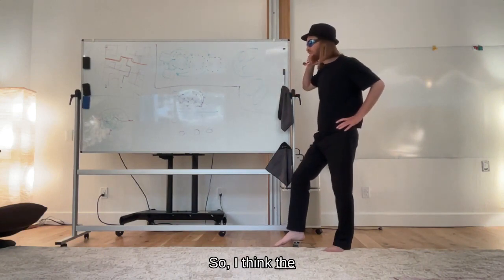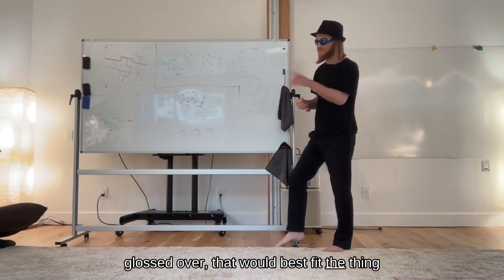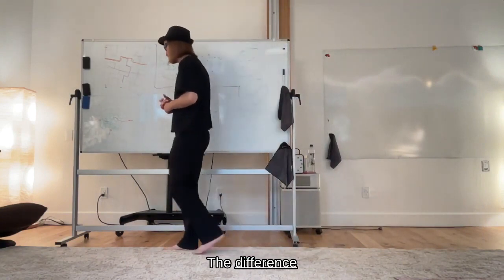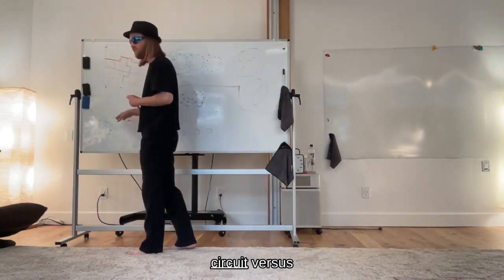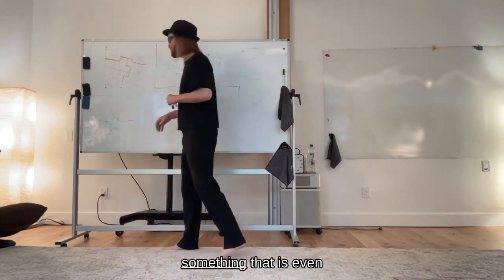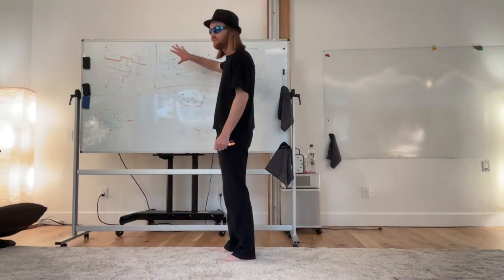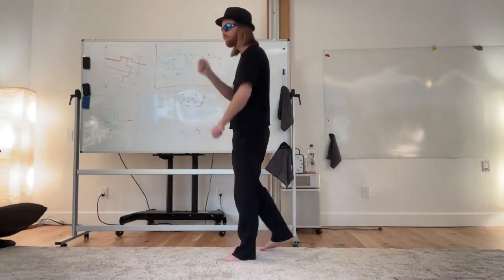So I think the part I know of that we glossed over that would best fit the thing you're gesturing at is the difference between evolving a hard-coded circuit versus something that is even capable of recursively calling itself at all. Yeah. That's a significant non-trivial step.